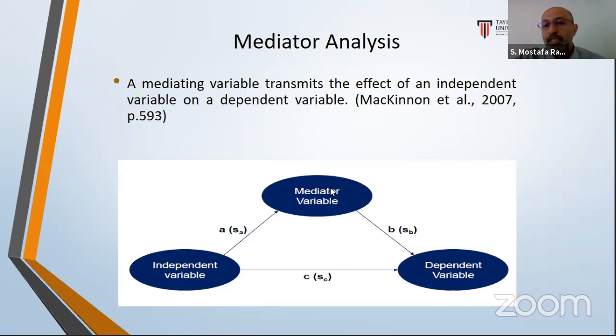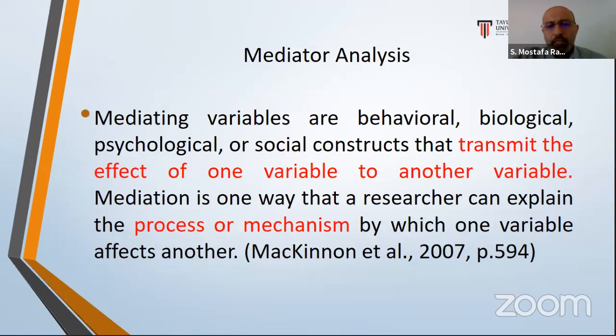So when we have a mediator variable, its role is to explain the effect of IV on DV and show us the mechanism of this effect. So when one variable intervenes between two other variables, between one IV and DV. In many studies, we use a mediator and we need to assess the mediator.